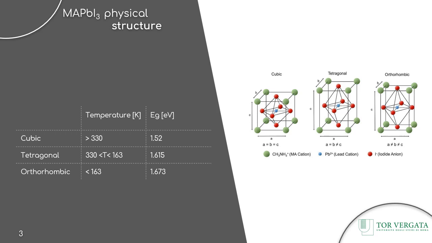This perovskite is characterized by a methylammonium organic cation, a lead metal cation, and an iodide halogen anion, and it shows a cubic phase for temperatures above 330 Kelvin, a tetragonal phase between 330 and 163 Kelvin, and an orthorhombic phase for temperatures below 163. And each of these phases shows different energy gaps, lattice constants, and mobility and permittivity parameters.